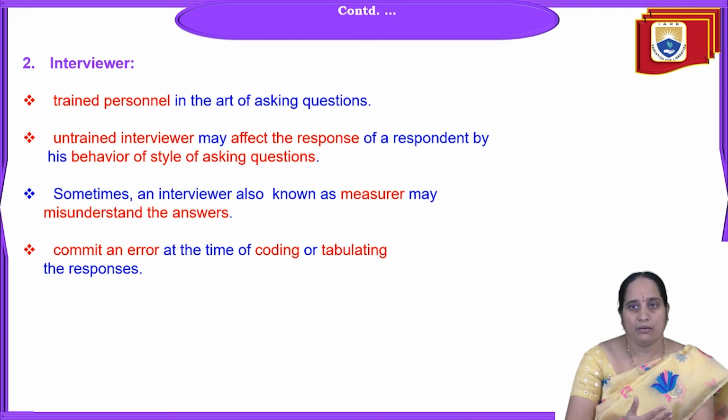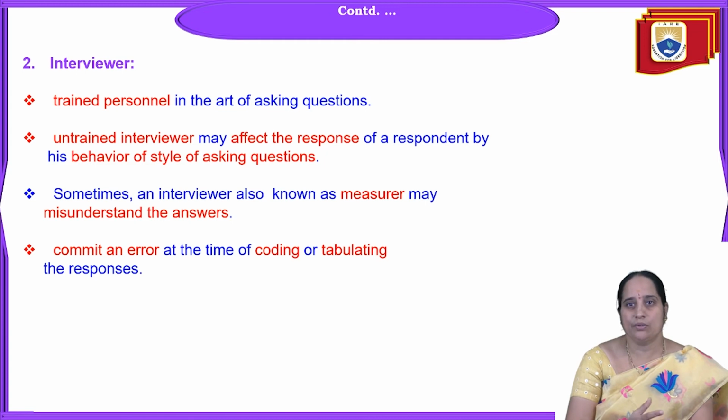Maybe the respondent provided the correct information, but the interviewer, being the measurer, if he is unable to analyze the answers properly, that again leads to systematic error. He may commit an error at the time of coding or tabulating the responses.